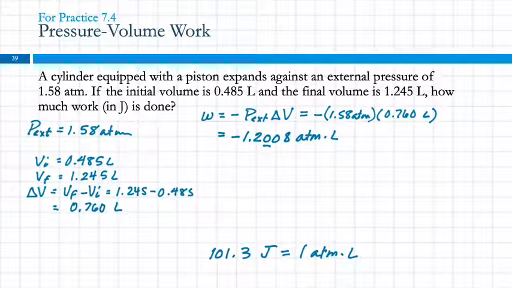That 101.3 looks a lot like the 101,325 pascals, right? And that's actually where it comes from. So I'm going to multiply so that I get joules on top and atmosphere liters on the bottom: 101.3 joules for 1 atmosphere liter. Atmospheres cancel, liters cancel.